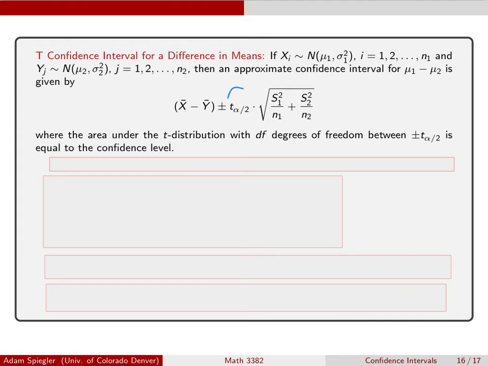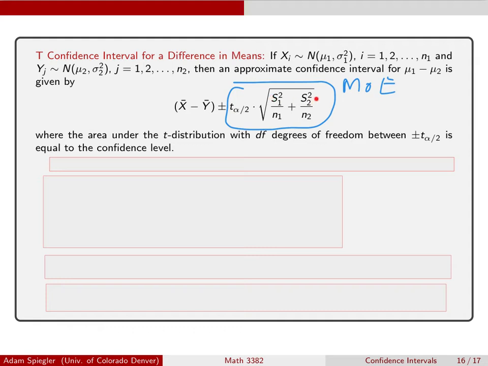So recall that this is the margin of error, and we're going to use the fact that the variance we just proved in the previous slide was equal to the variance of the first population over n1 plus the variance of the second population over the sample size of that.